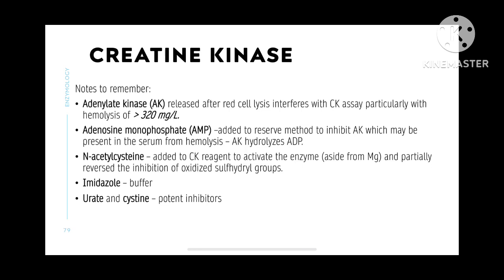This interference can occur with hemolysis of greater than 320 milligrams per liter of hemoglobin, which releases sufficient adenylate kinase to exhaust the AK inhibitors in the reagent. Trace hemolysis causes little, if any, CK elevation.